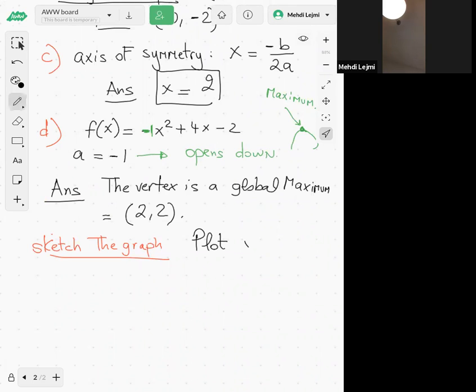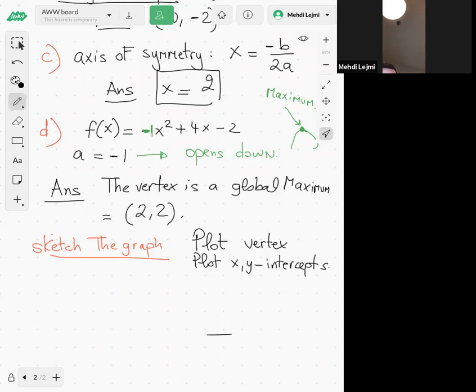You need to plot the vertex to get full credit. Plot the x- and y-intercepts. If you forget to plot the vertex or the x- and y-intercepts, you won't get full credit. So it's really important that you plot these points.